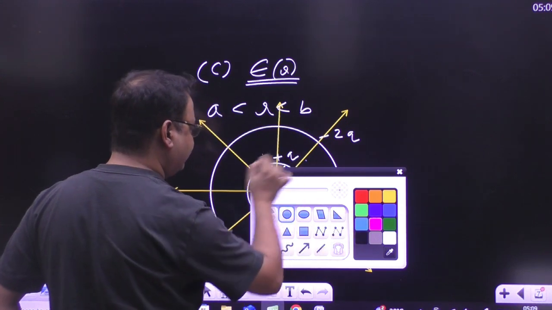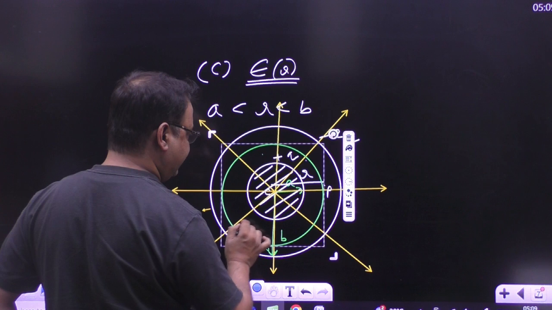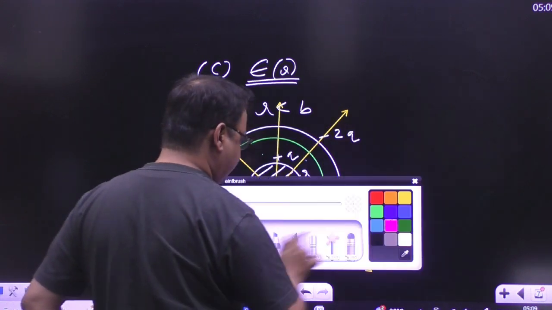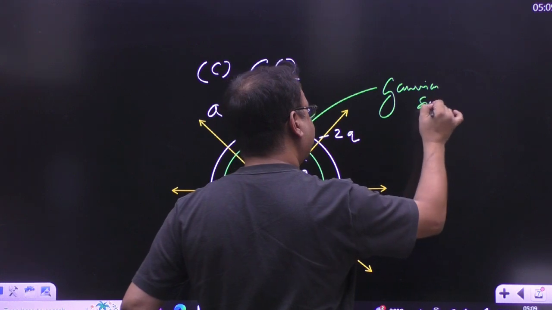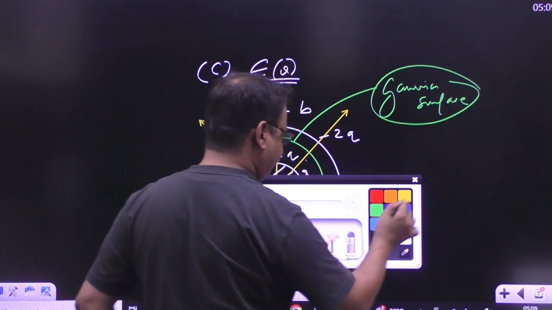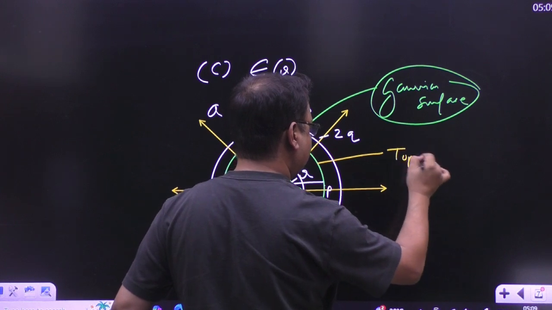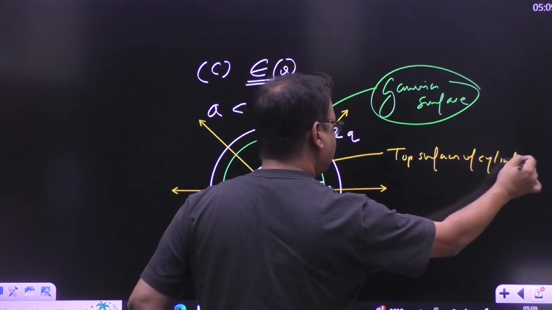Now I will make the Gaussian surface. So I'm making a Gaussian surface as a coaxial cylinder passing through P as we did in part A. So this is your Gaussian surface. Again, I am reminding you, these are not circles, these are the top surfaces of cylinders.